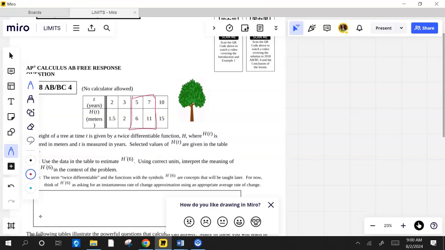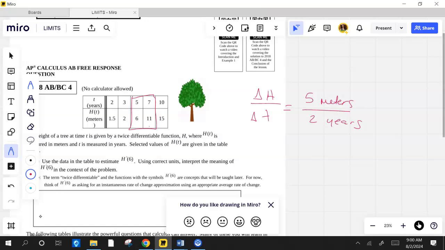I don't have 6, but I can go on either side of 6 and estimate. Remember what it is. Change in H over change in T, which is, how does H change? 5. 5 what? Meters over 2 years.